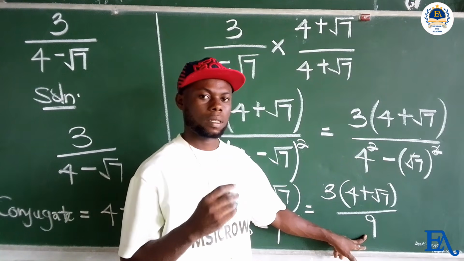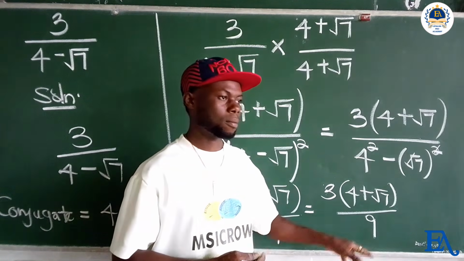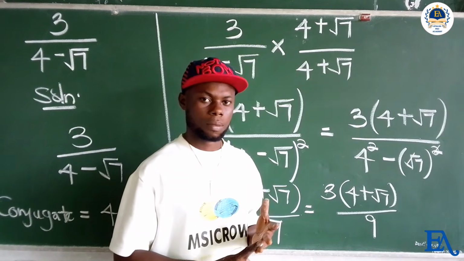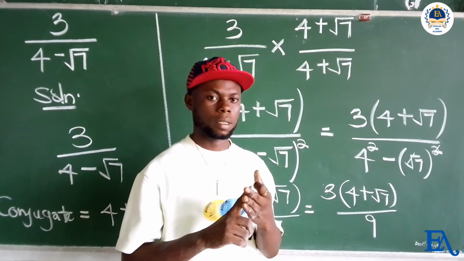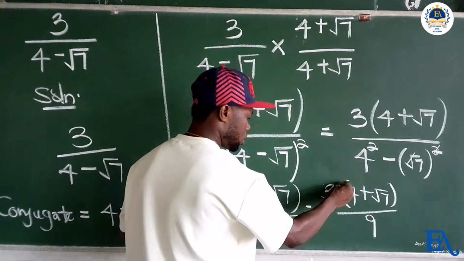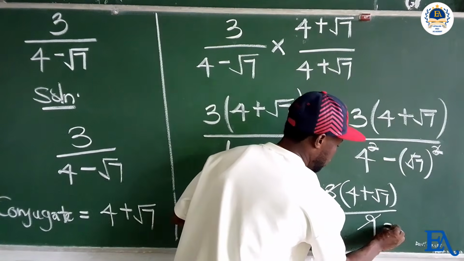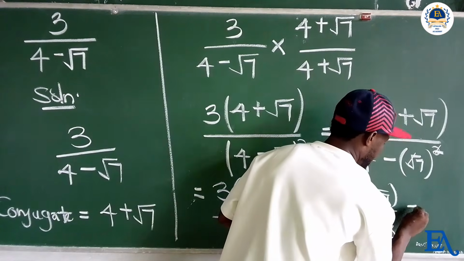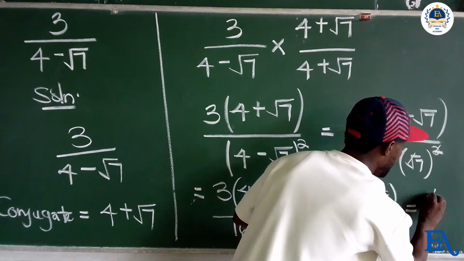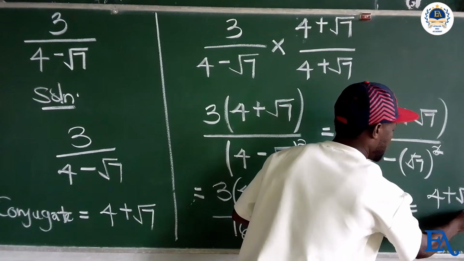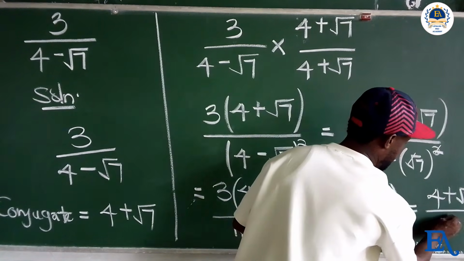There are just 3 3's in 9 because 3 plus 3 is 6, and 6 plus another 3 gives 9. So there are 3 3's. So this cancels this 3. So the final result becomes 4 plus root 7 divided by 3.